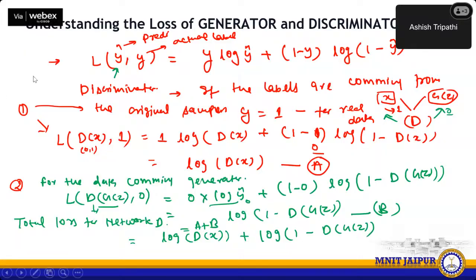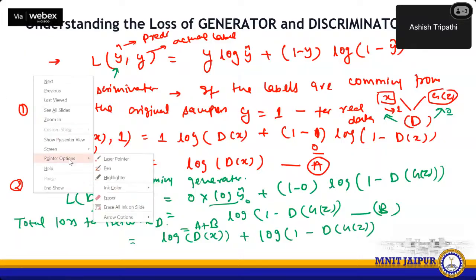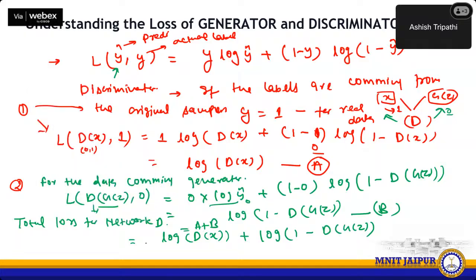Got it? In black color, this will be the total loss of the discriminator. Have you got this point or not? Just comment and let me know. This is one simple mathematical equation where I have just written the output values for the discriminator network.